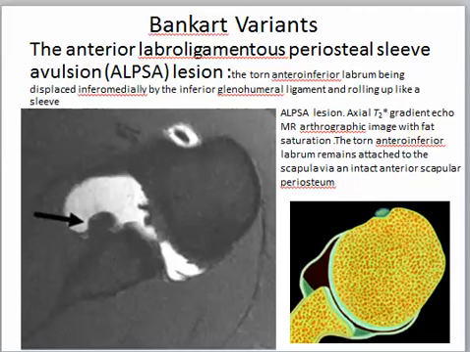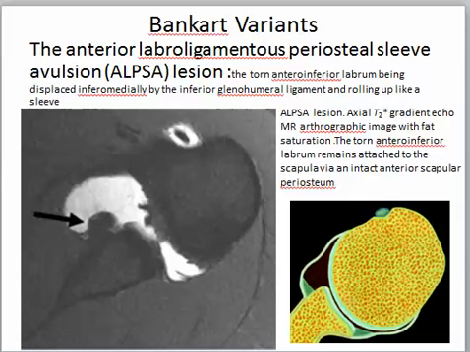Now Bankart, if it involves the labrum and the periosteum, it will be the anterior labral periosteal sleeve avulsion. The torn anterior-inferior labrum is displaced.